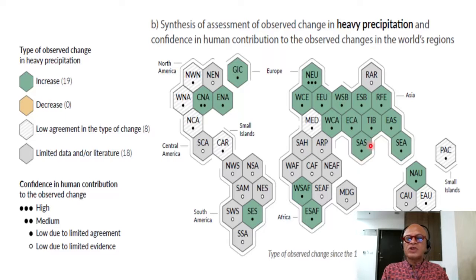So I just wanted to point out that we have already shown trends, talked about increases in extremes, increases in widespread extremes, and so on, and yet South Asia here comes in as low due to limited agreement in terms of changes in heavy precipitation and confidence in human contribution to the observed changes.